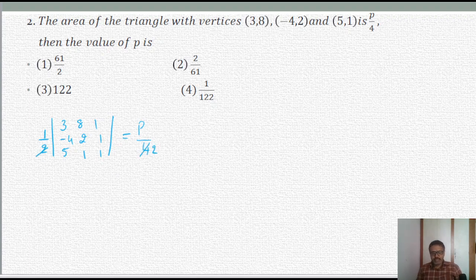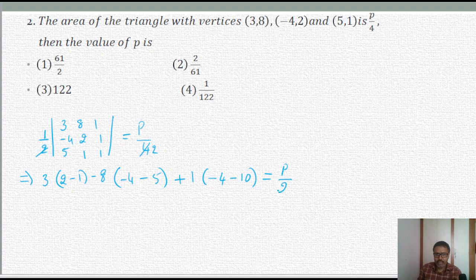Just expand this determinant directly. 3 times (2 minus 1), minus 8 times (minus 4 minus 5), plus 1 times (minus 4 minus 10), equals P by 2.